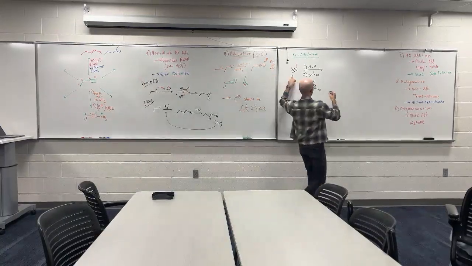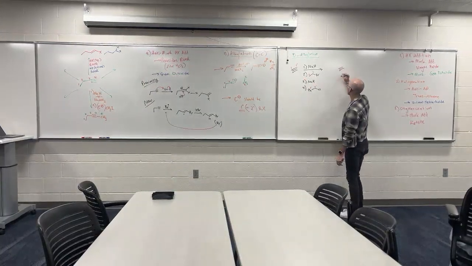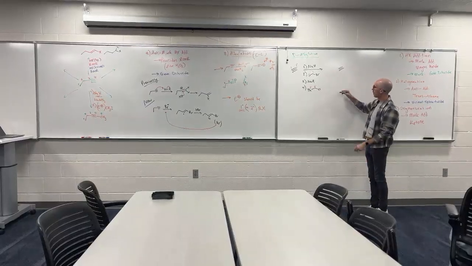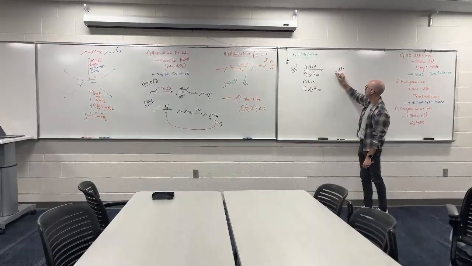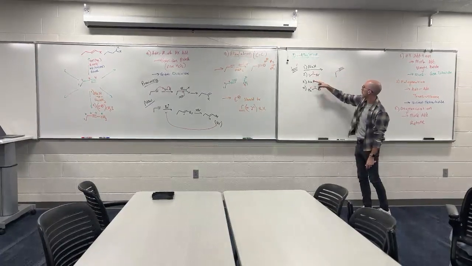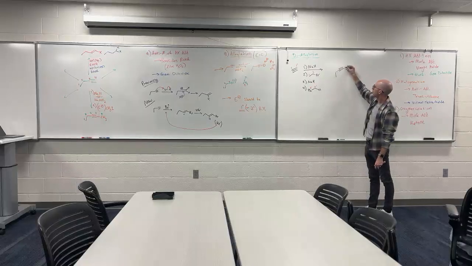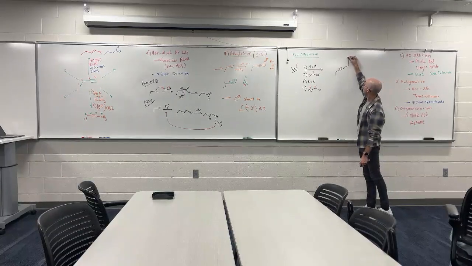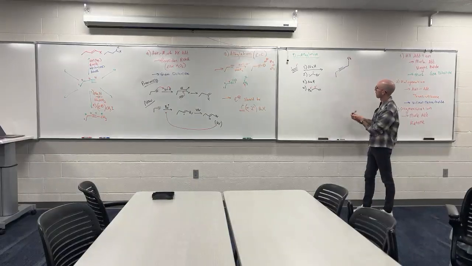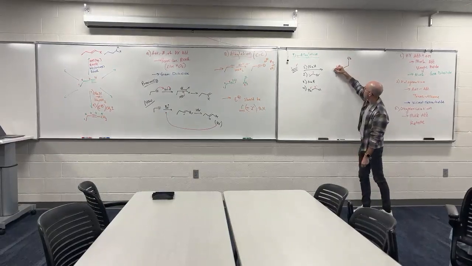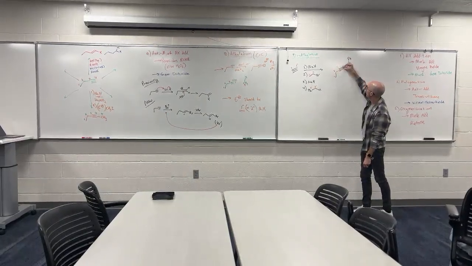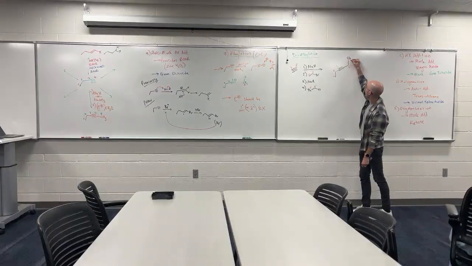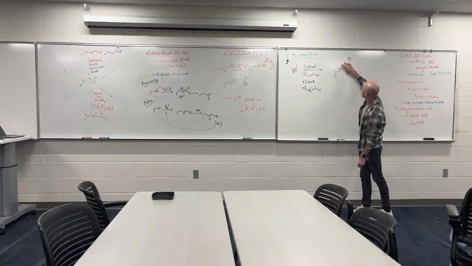I'm going to start by drawing the alkyne, carbon 1 and 1 prime. 1 prime connects to 2, 2 connects to 3. 1 prime connects to 2 prime, 2 prime connects to 3 prime. 1 to 2 to 3, 1 prime to 2 prime to 3 prime.